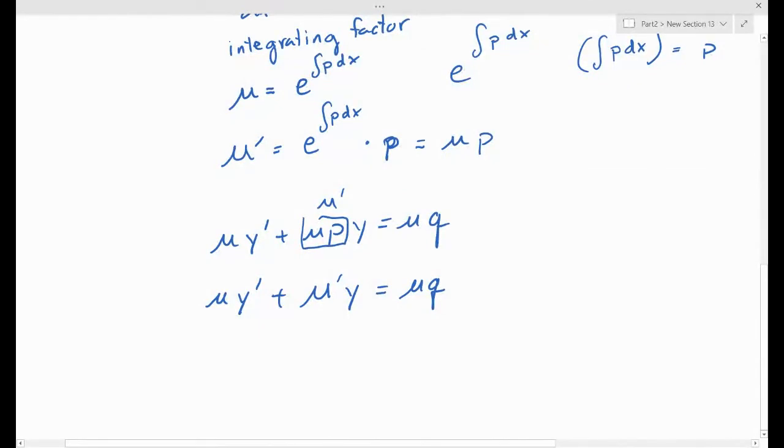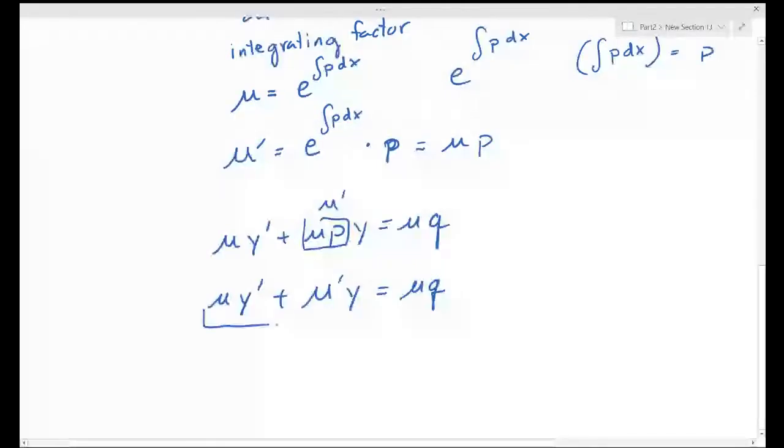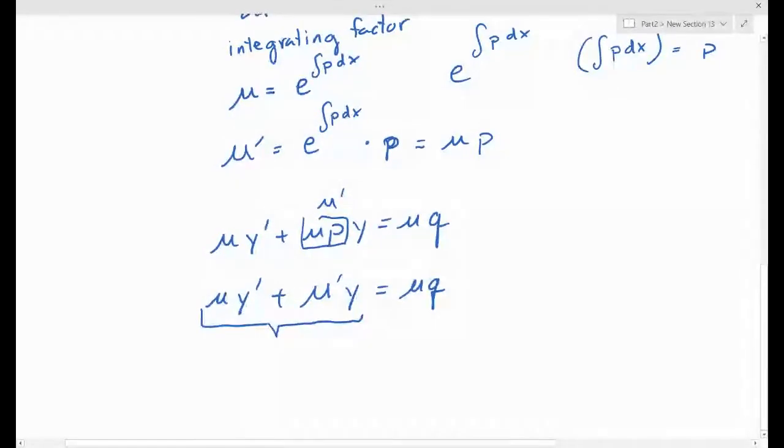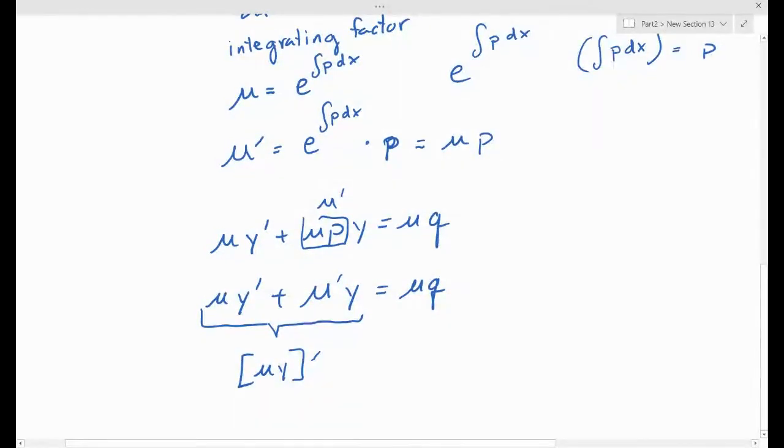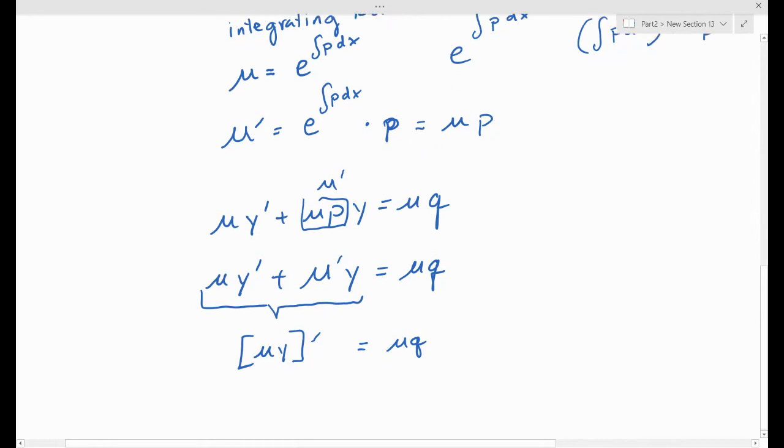And then you say, well, the left-hand side is just applying the product rule. Right, essentially the product rule. So the integrating factor, once you know what it is, multiplies both sides of the differential equation, and by design of the integrating factor, the left-hand side is the result of applying the product rule to mu times y.